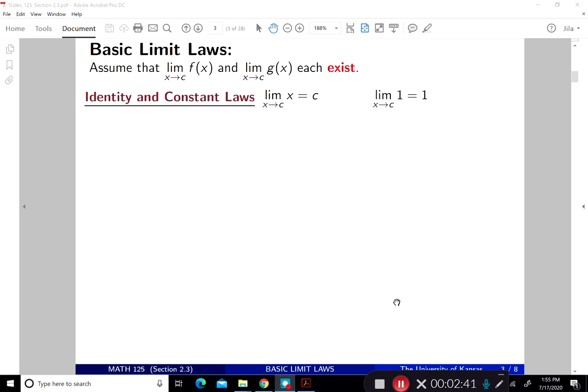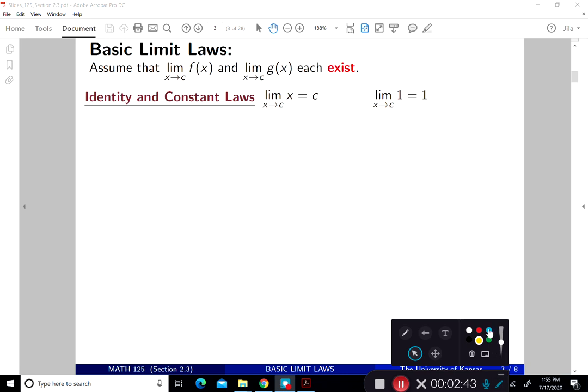So what is the function in here? The function is y equal to x. The limit of y equal to x at any point is going to be, as x approaches any point, the value of that point. This one is y equal to c, this is y equal to 1. So the limit of 1 is going to be 1, and this is the constant function 1.